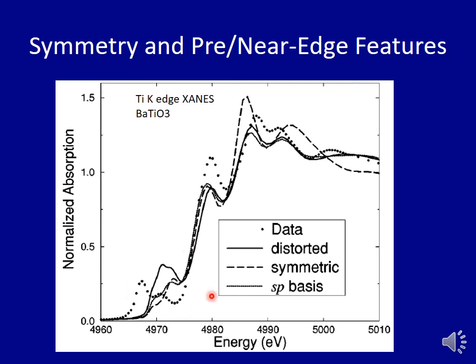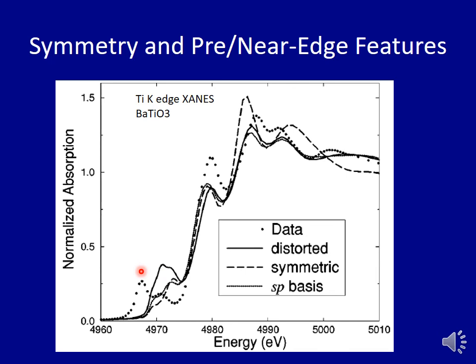In this case, that's particularly true. This is barium titanate, and basically you have very little pre-edge peak in the symmetric case, which is the dashed line here. Whereas if you distort the system, then you all of a sudden get this pre-edge peak. Obviously, the energy of the pre-edge peak is a little bit off compared to the experiment.